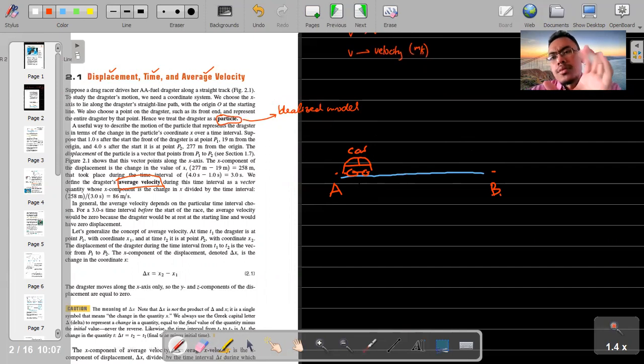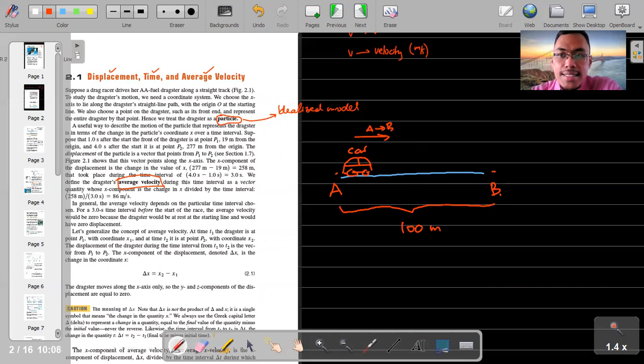And the displacement, I mean the distance between A and B, but in this case actually displacement. A and B are separated at, let's say, 100 meters. And then the car moves from A to B.